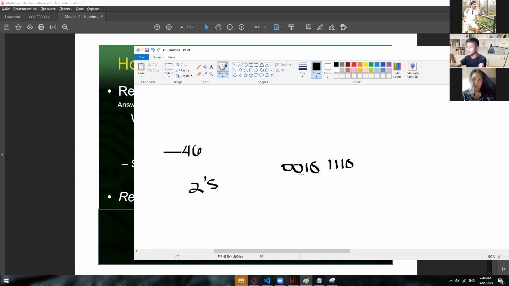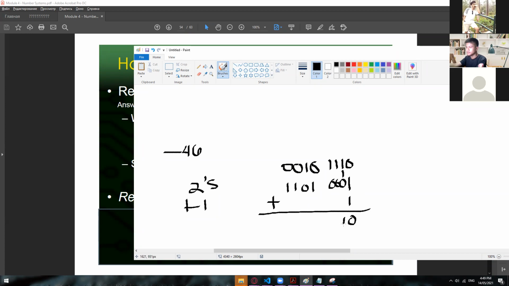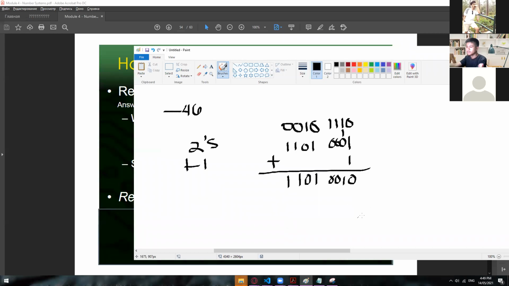So 0 will become 1, and 1 will become 0: 1 0 0 0 1. The third step is to add 1, so plus 1. 1 plus 1 is 10, so carry 1, bring down 0, and then 1 plus 0 is 1, and everything now is the same. This one now is the representation of negative 46.